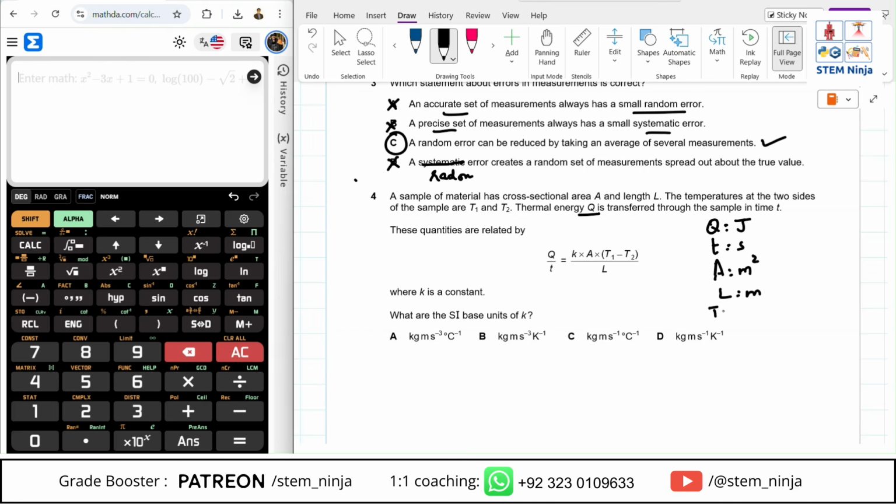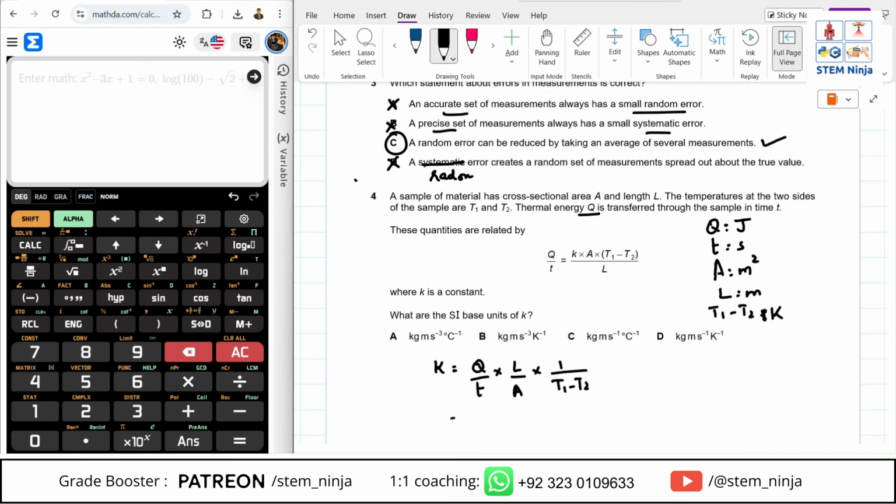And T1 minus T2, that is in kelvins, because this is temperature, right? So K, the formula for K would be Q over t times L over A, divided by T1 minus T2.